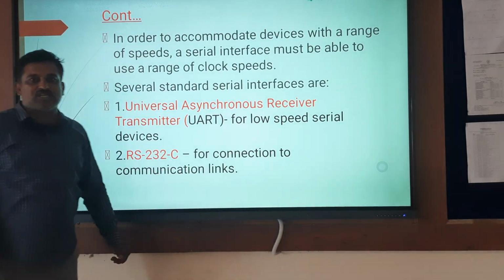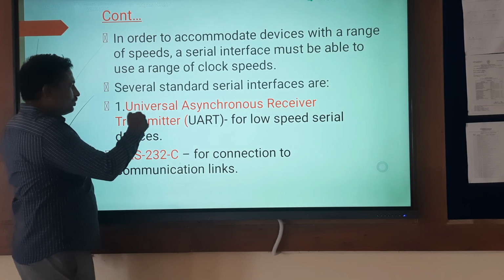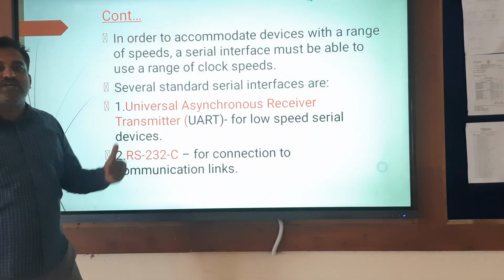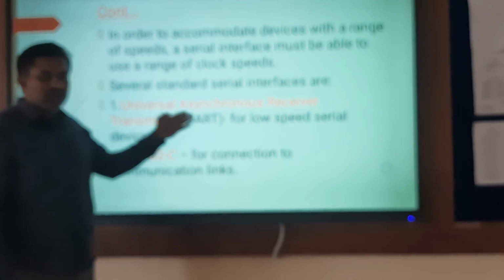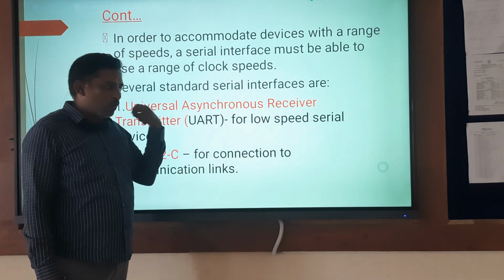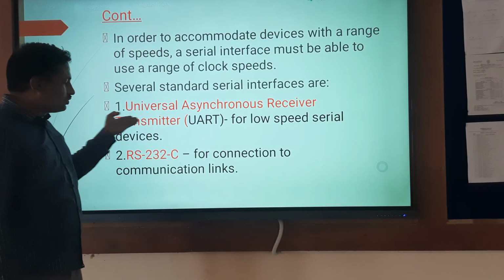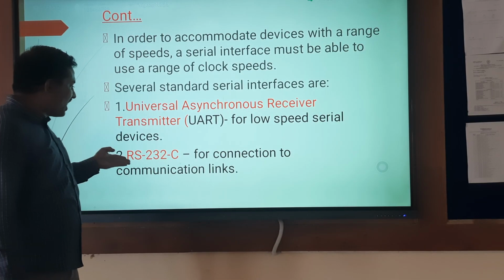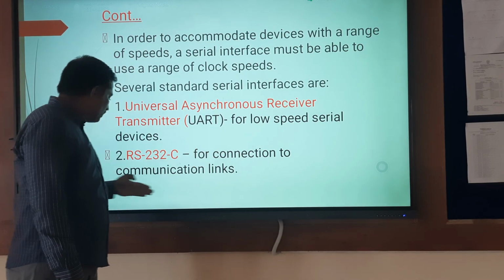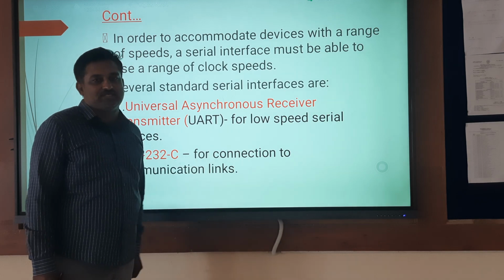Several standard serial input-output interfaces are there. One is UART, that is Universal Asynchronous Receiver and Transmitter. There, the bit speed is very low, and that will be used in the serial port operation. Now coming to RS-232C for communication links.